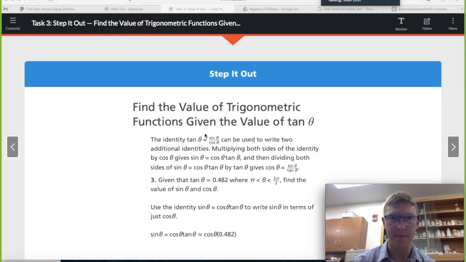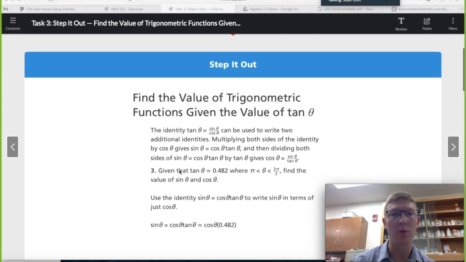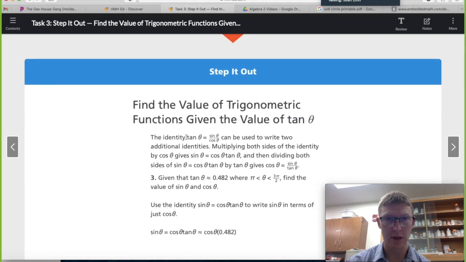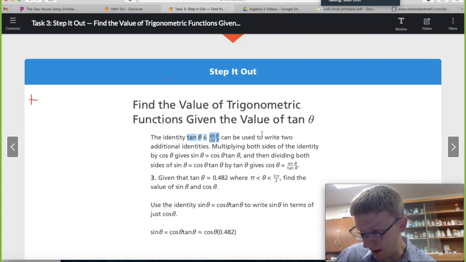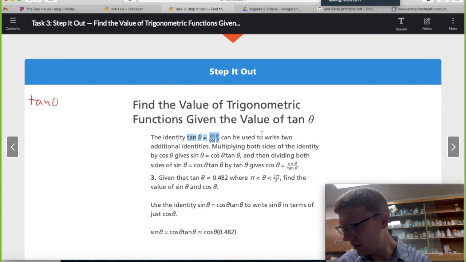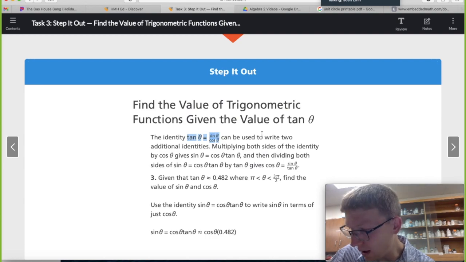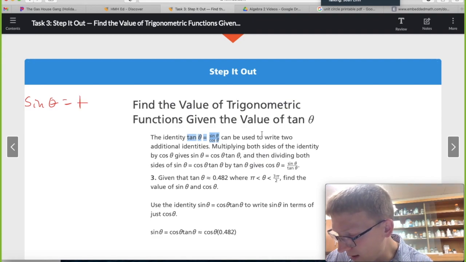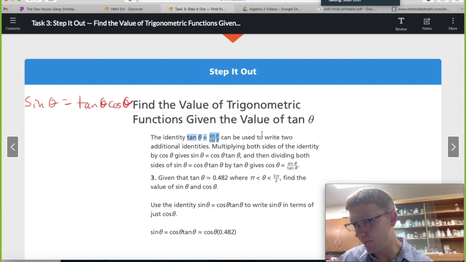First of all, some things that we will probably need to use. Remember that tangent of theta is equal to sine theta over cosine theta. So using algebra, if we wanted to find sine theta, we could multiply both sides by cosine, then we'd have tangent theta times cosine theta.